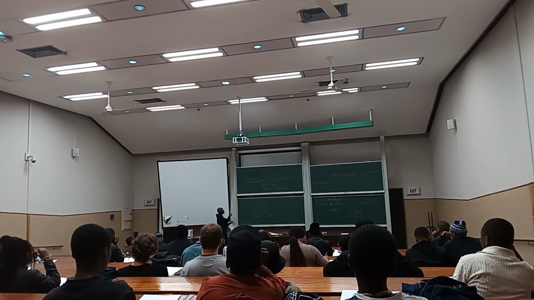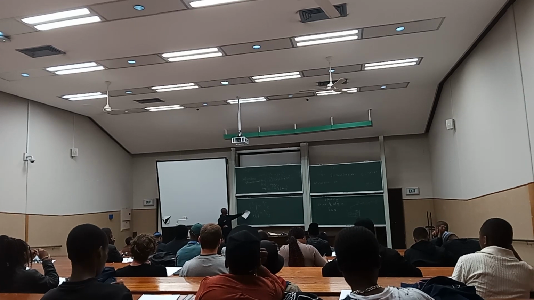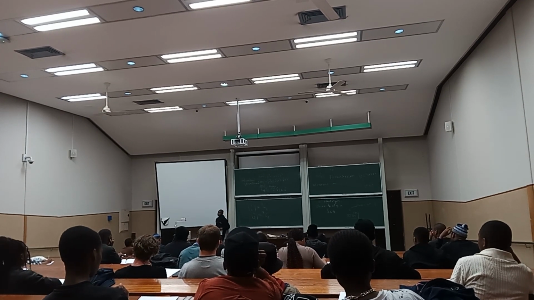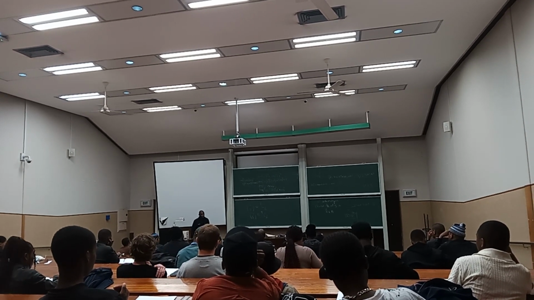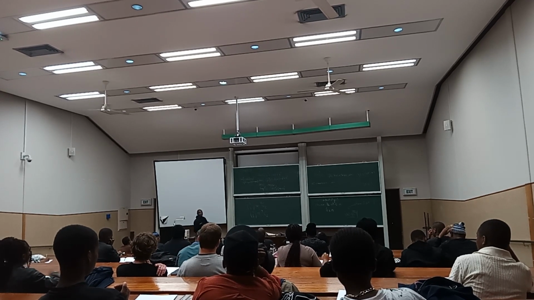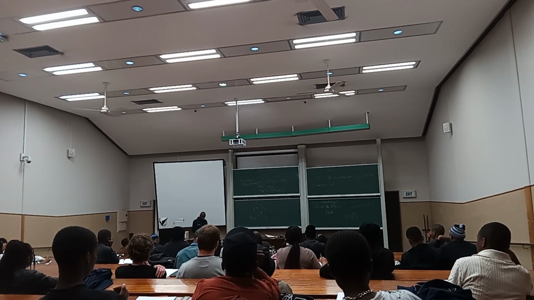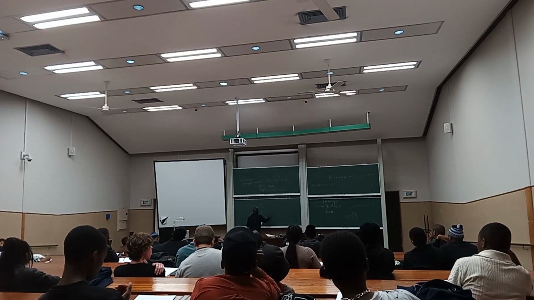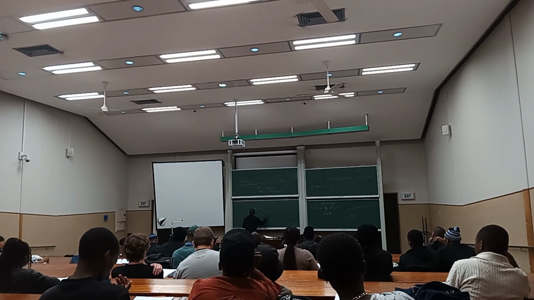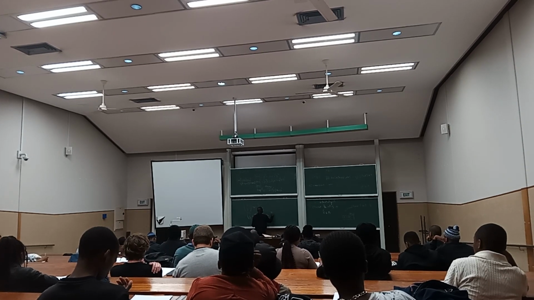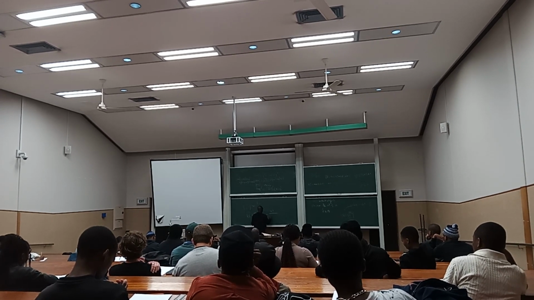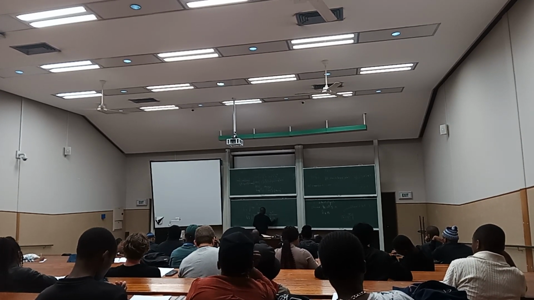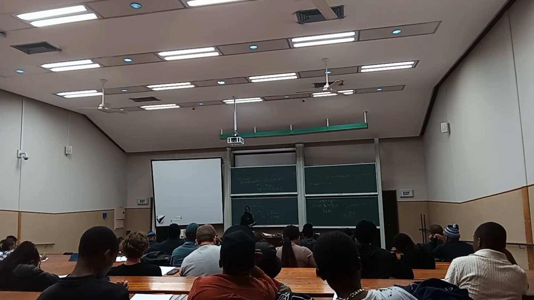So how do we calculate n choose k? That's what I want to give you now. The formula is n factorial over k factorial times n minus k factorial.